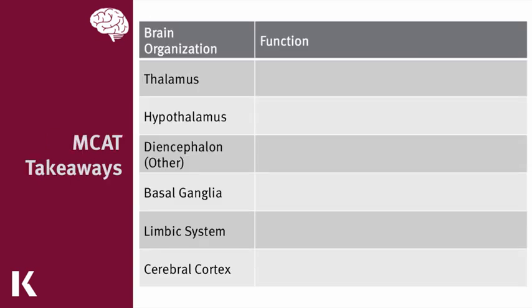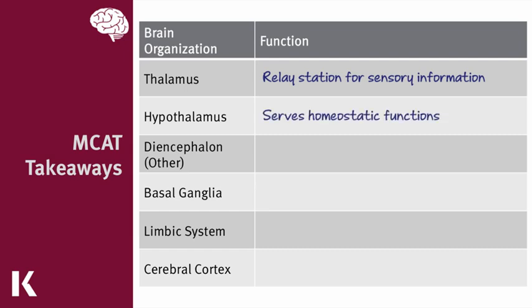Well, there was certainly a lot of information from this review that we'll want to remember, but to highlight the big takeaways is that the thalamus is the way station that relays sensory information to the appropriate parts of the brain. The hypothalamus maintains our balance of homeostatic functions, and then the rest of the diencephalon is important in our ability to release hypothalamic endocrines, as well as regulating circadian rhythms.